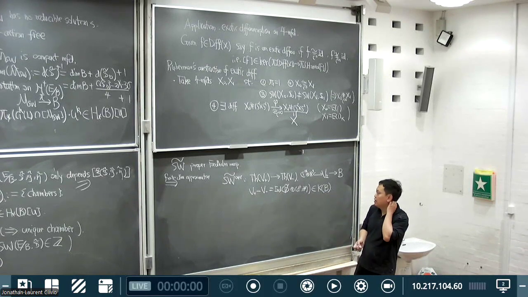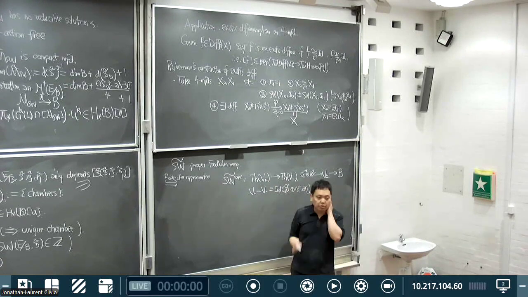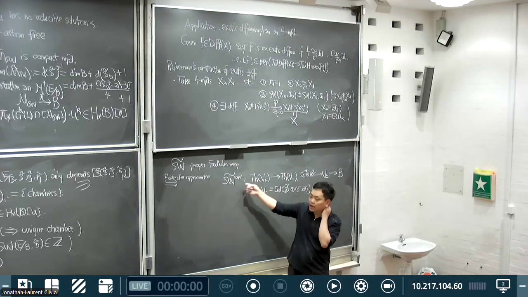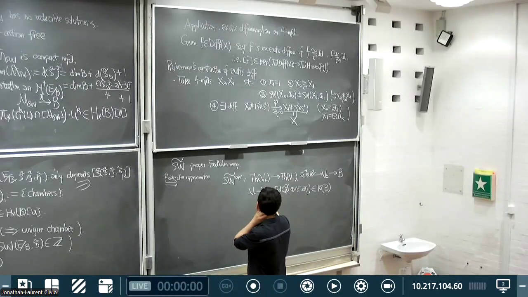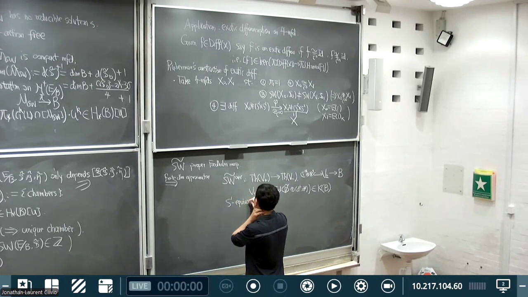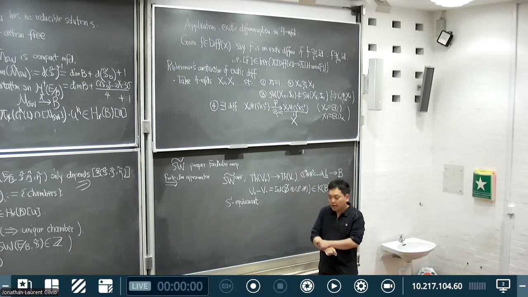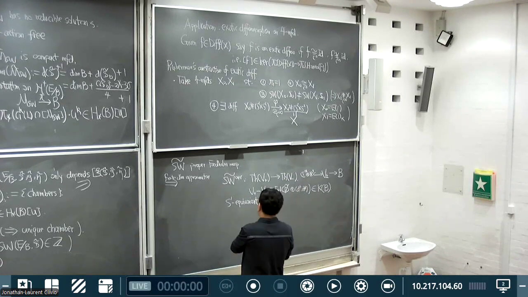And the thing is that this approximated Seiberg-Witten map gives us a map between these two Thom spaces, and it is S1 equivariant.